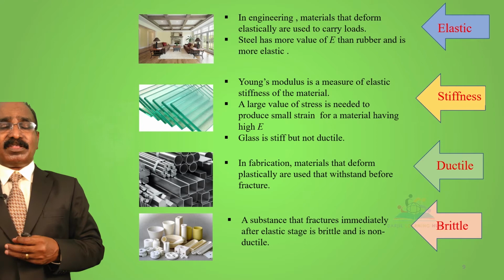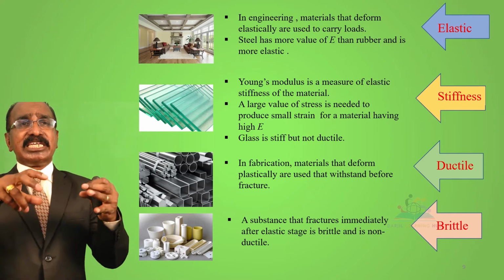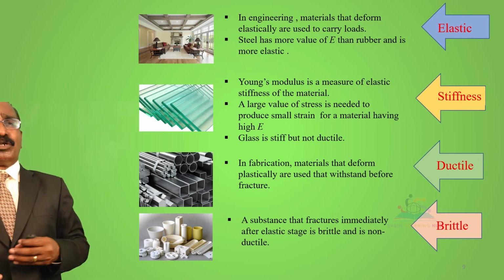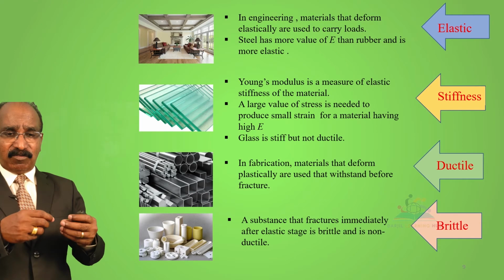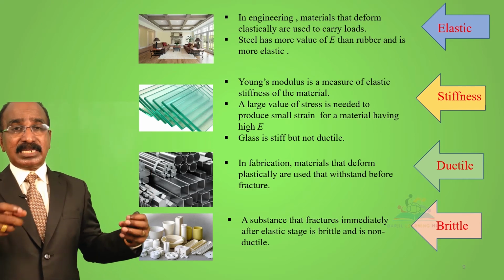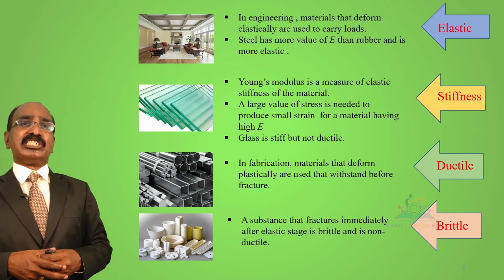But in the case of fabrication, materials that deform plastically could be used, which can withstand deformation before the fracture. Say for example wire. Wires are metals. Metals are more ductile. Therefore we can deform them plastically.